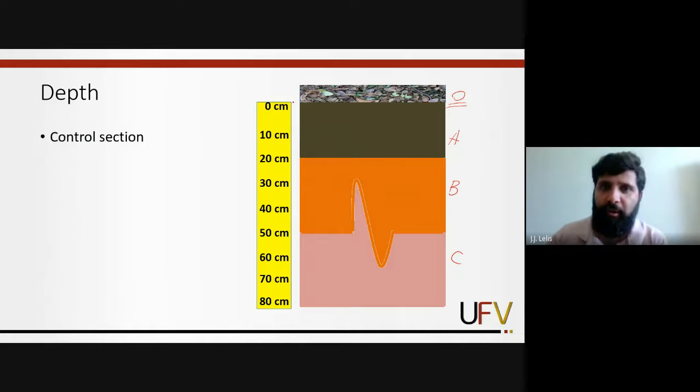So we just need to put the tape here at the beginning of the mineral horizon, the A horizon, and we need to start to measure all these horizons. So the A horizon starts at 0 centimeter and ends at 20 centimeter.